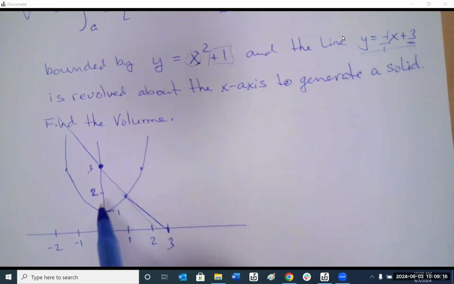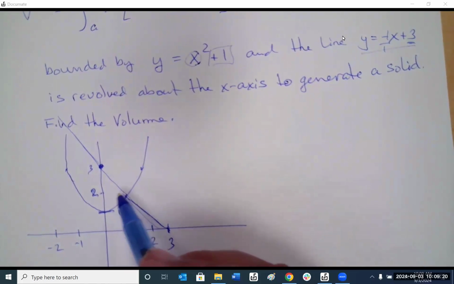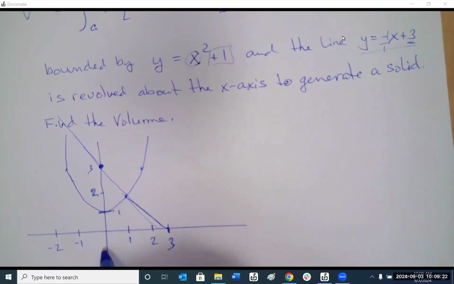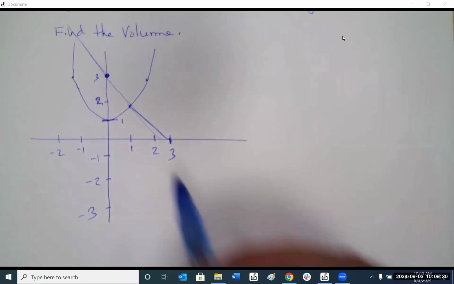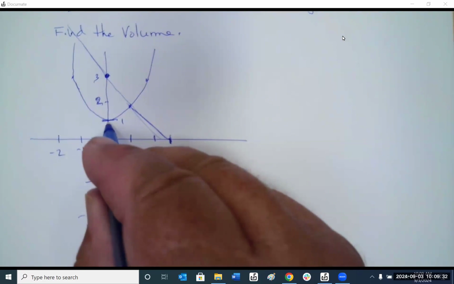Okay, so now we have our two functions. We're going to revolve it around the x-axis.